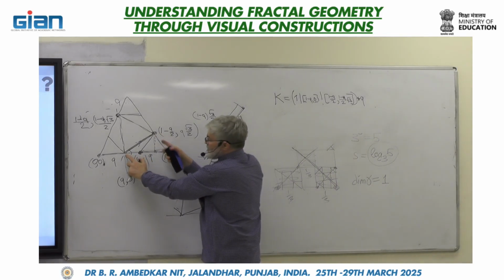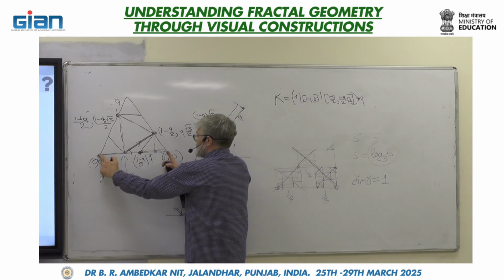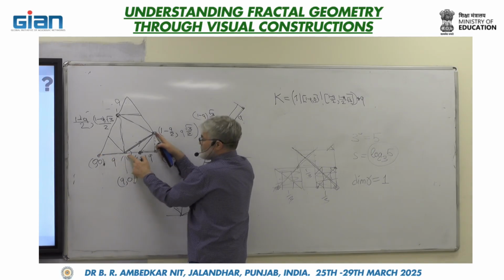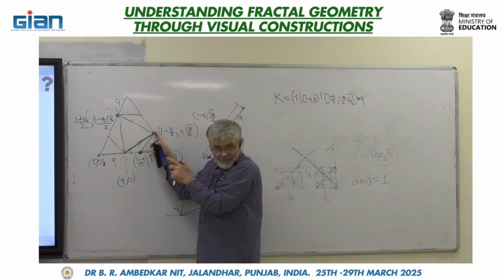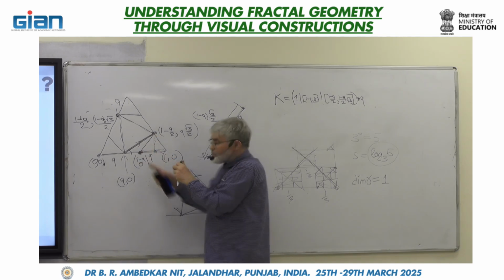And this map is a map which sends 0, 0, 1, 0 to these 2 points, right? These 2 points.